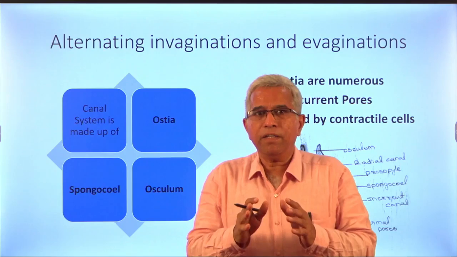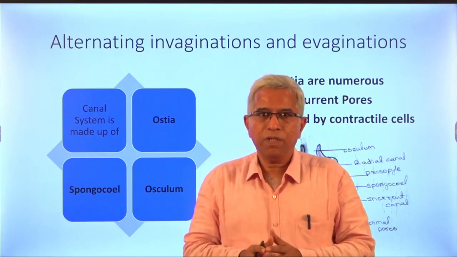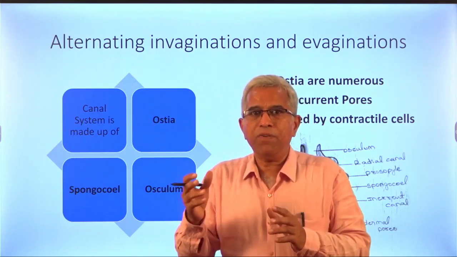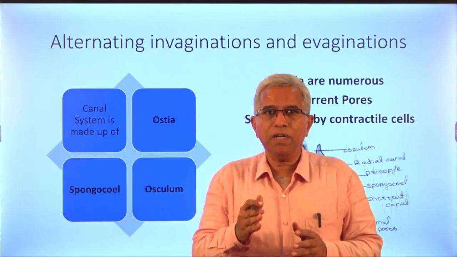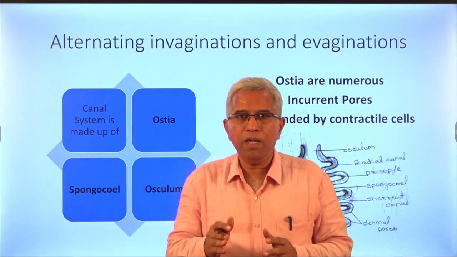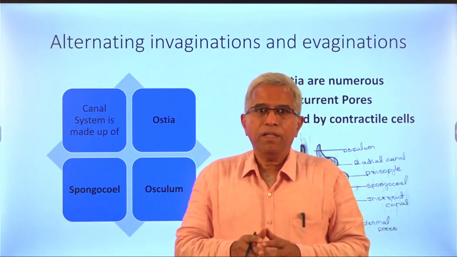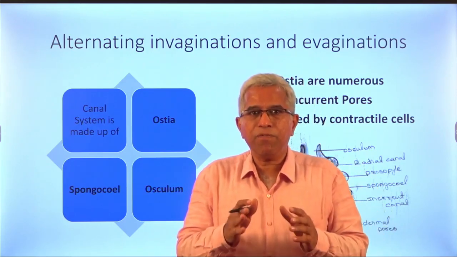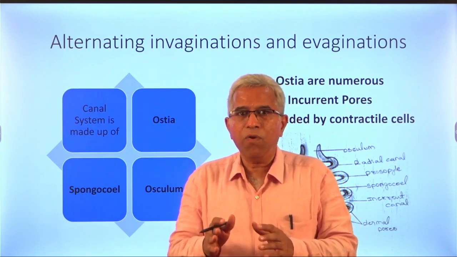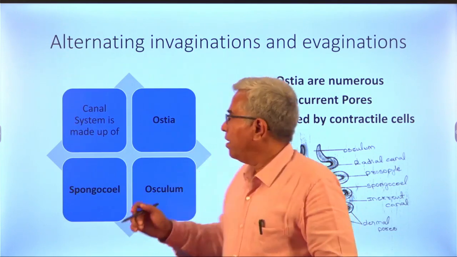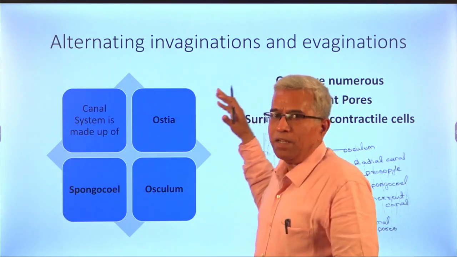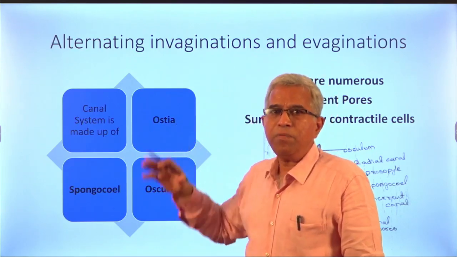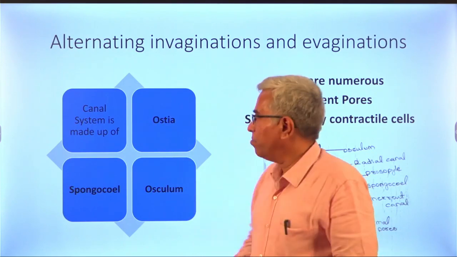Let me explain the different parts of the canal system. Let me make a review of the previous slide. Canal system is the unique system that is found exclusively in sponges. This system is made up of perforations and foldings. Alternating invaginations and evaginations result in the formation of canal system.